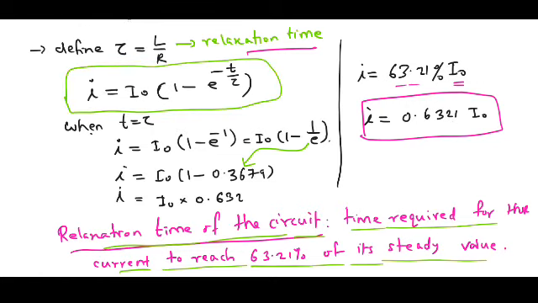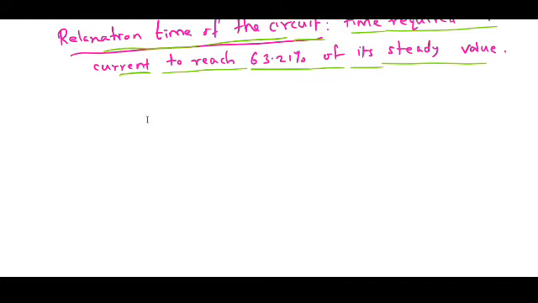Okay, let us plot this equation, that is, the plot of current, the growth of the current in the circuit that we obtained, I0 into 1 minus e power minus t by tau. To plot this equation, let me check these values.